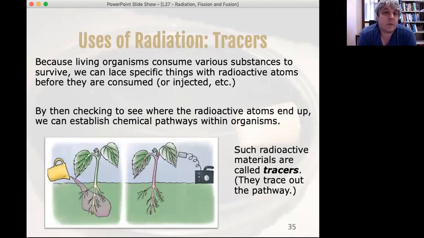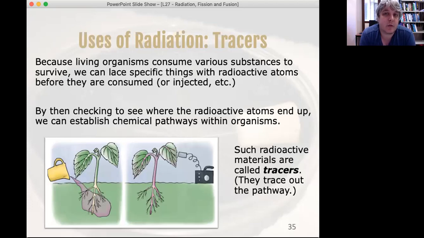Because living organisms consume various substances, we can control this to a certain extent. We can deliberately make something absorb radioactive atoms. We can give them some substance, such as water, and we can include with that water some radioactive atoms that the living organism will consume. The picture here is a plant. So we water a plant, we include some radioactive particles inside that water.